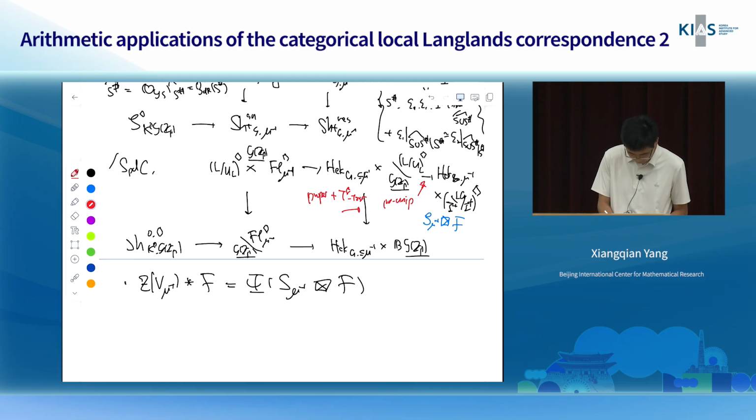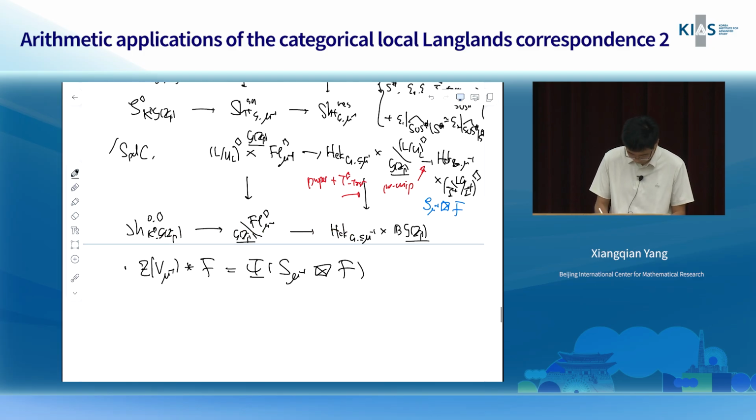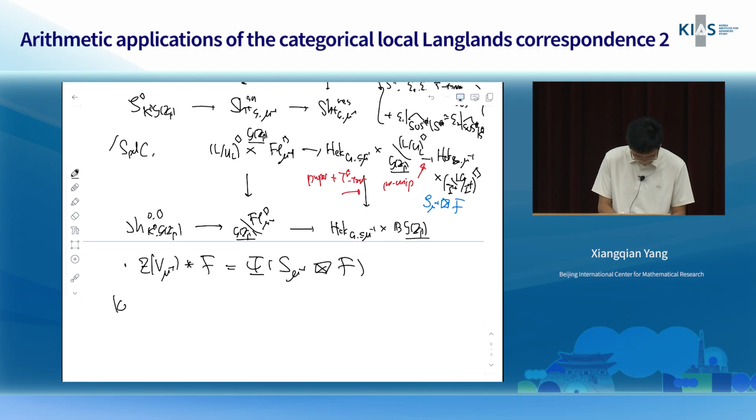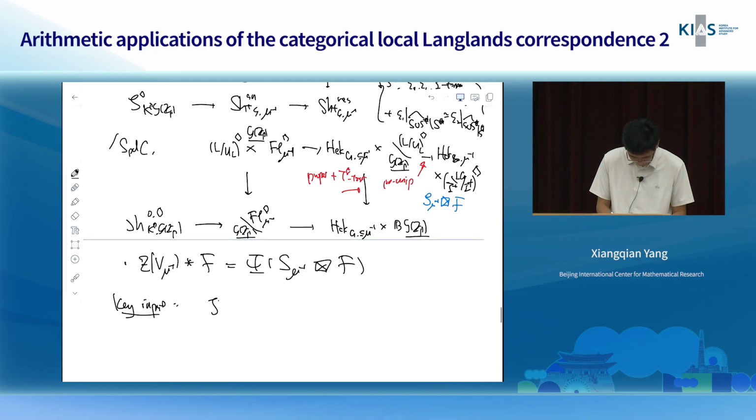So push forward along this also commutes with nearby cycles. So the key is to show that pullback along this map also commutes with nearby cycle. And this is the key result here. So this map from the Shimura variety to the restricted Lucas is some kind of smooth map.